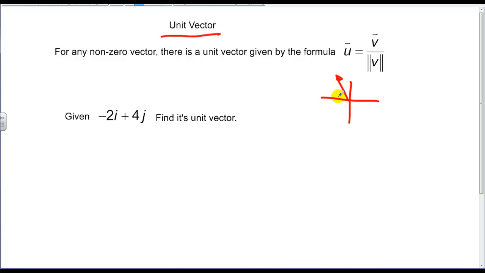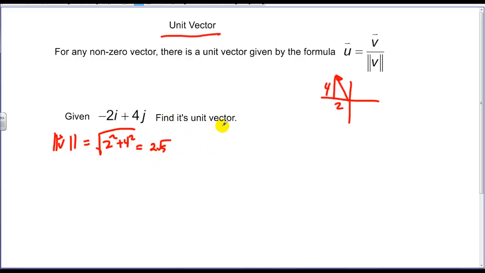And if I want to name a vector that has a length of 1, or a magnitude of 1, pointing in the same direction, I take the vector's coordinates and divide that by the magnitude of the vector itself. So I know that I have a length of 2 on the horizontal, a length of 4 on the vertical. So the magnitude of this vector is given by 2 squared plus 4 squared, square rooted, or in this case 2 root 5.